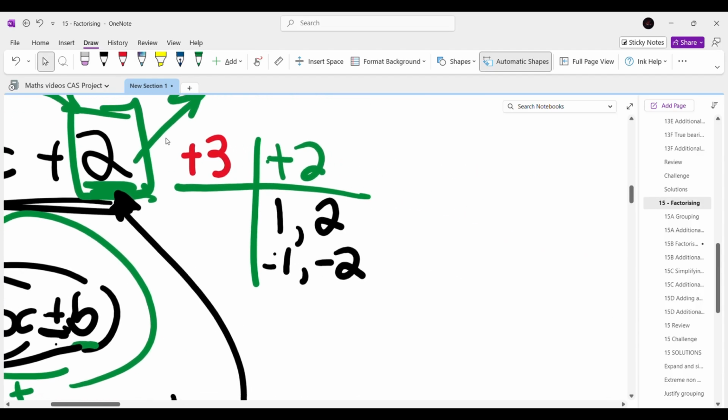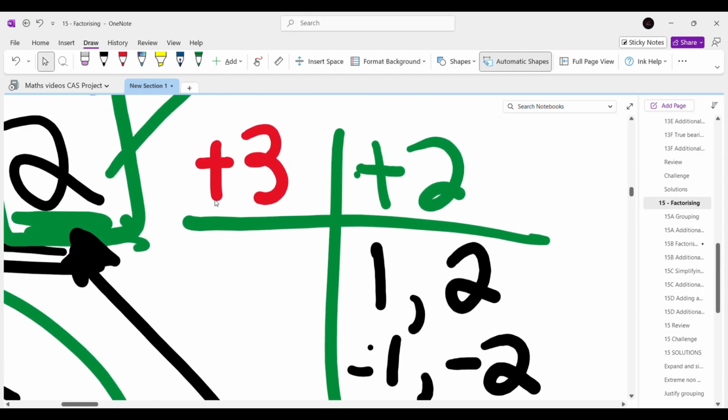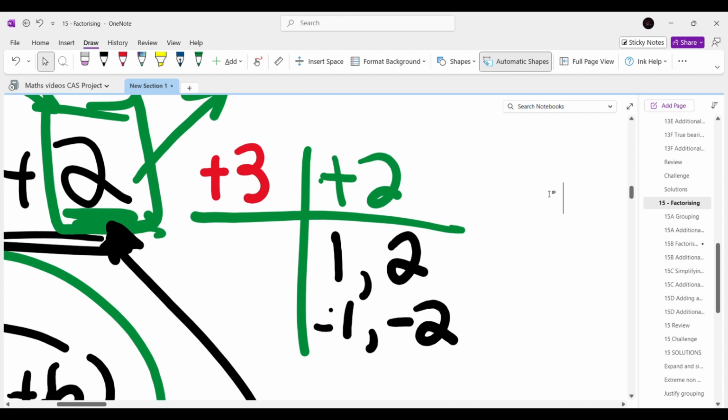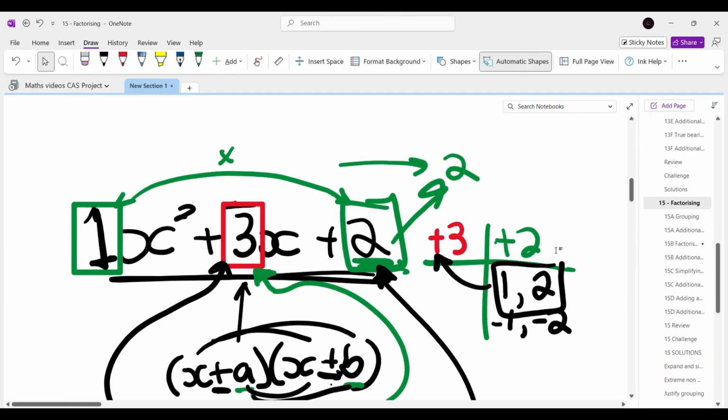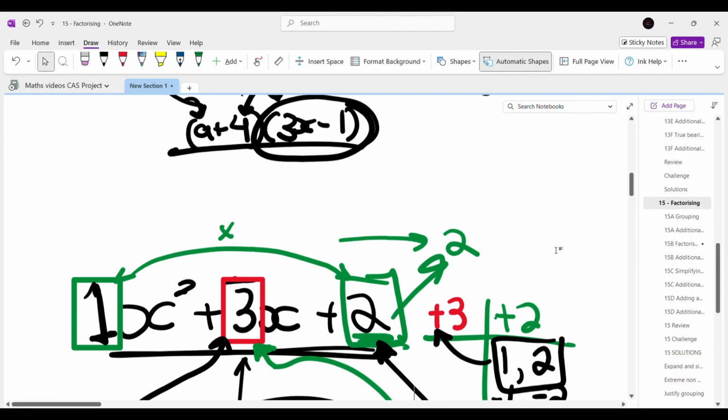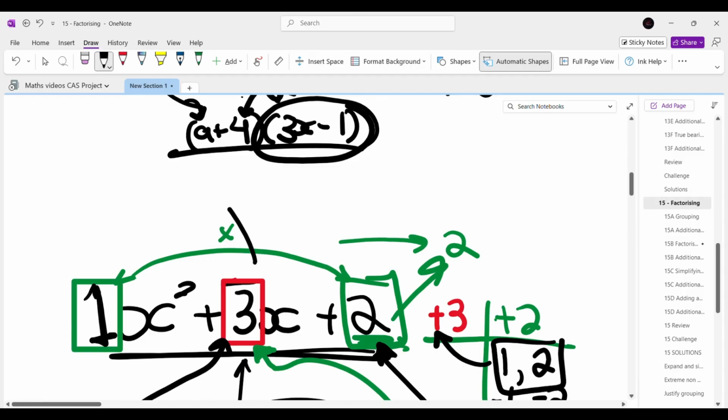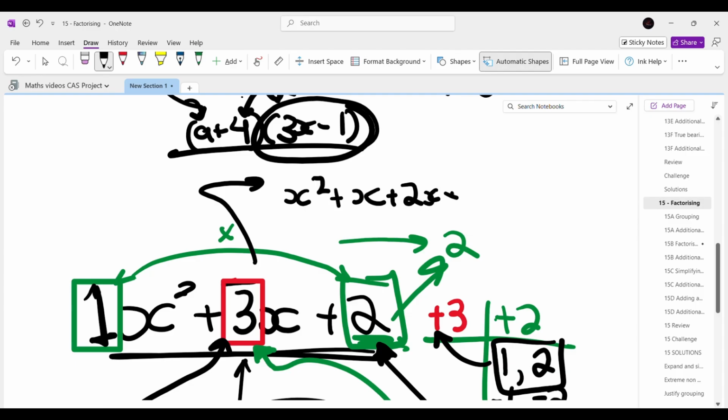In this circumstance, only one pair will add to positive 3, which will be 1 and 2. So this means we can split this middle bit right here into 1x and 2x.